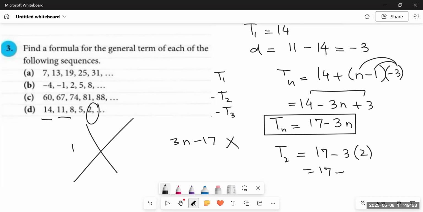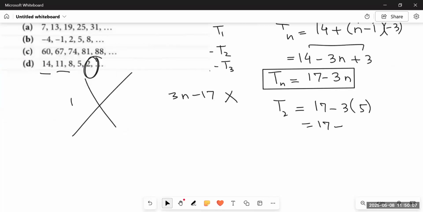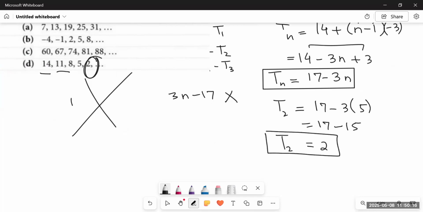Sorry, it's not 2 over here. n is equal to 5, right? Because it's the fifth term we are finding now. The answer should come to 2, okay? So 3 fives are 15. And when we subtract 15 from 17, the answer is 2. Hence proved that the formula we have got is absolutely correct.